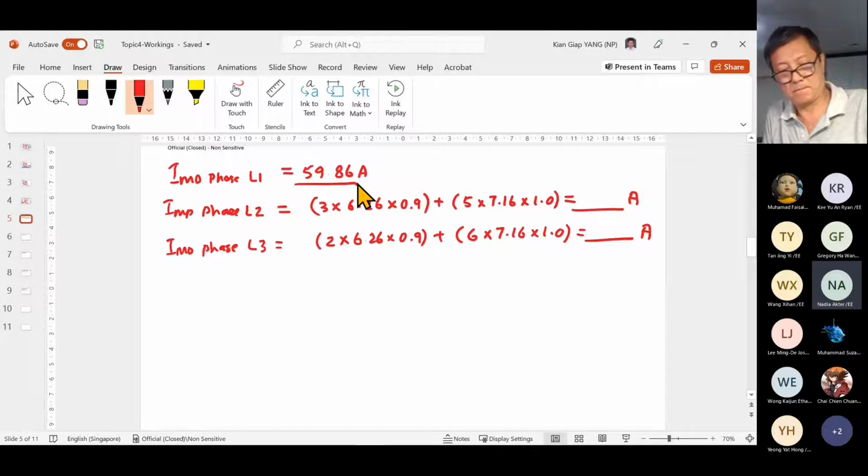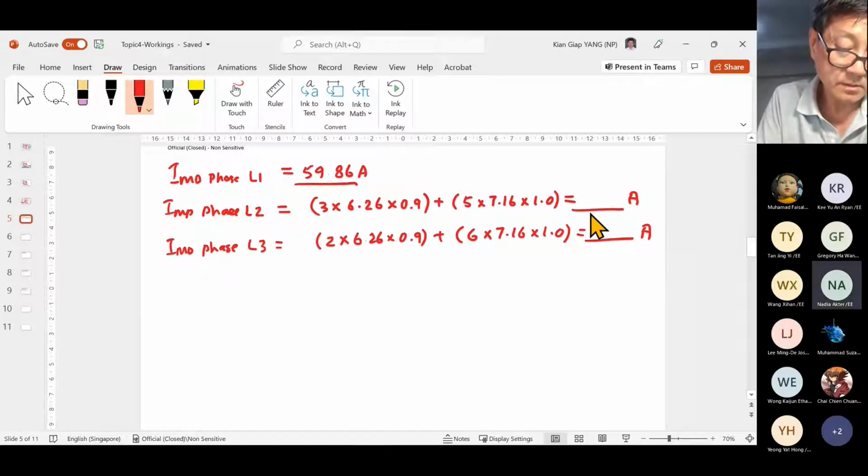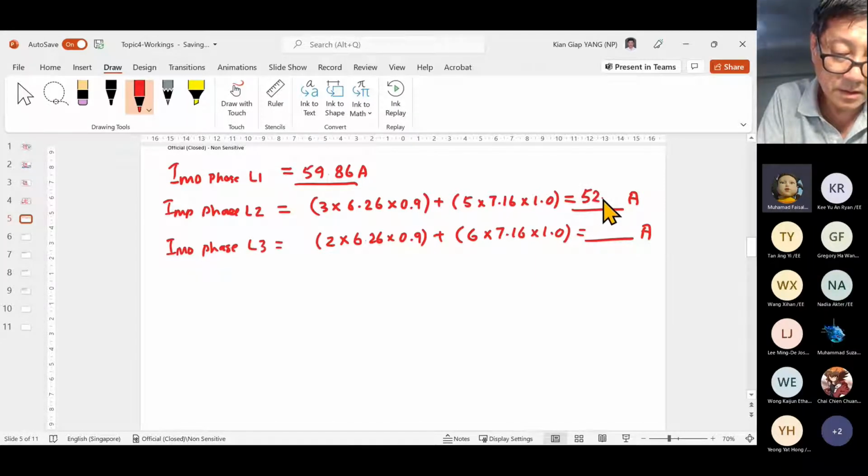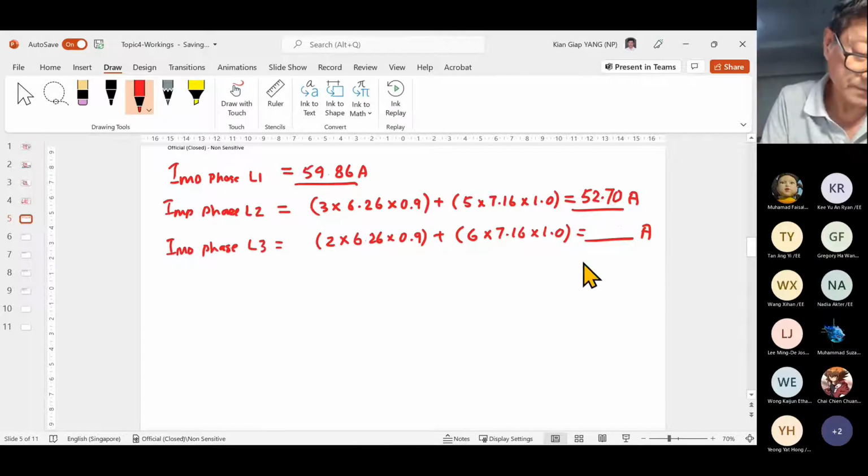Sure, 133. Which one? The L2. L2 is how much? 133, so high. Something is wrong. Calculate again. 52.70. Okay, Nadia, check again.